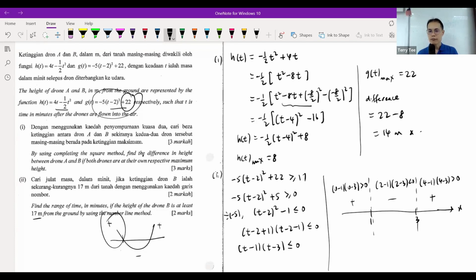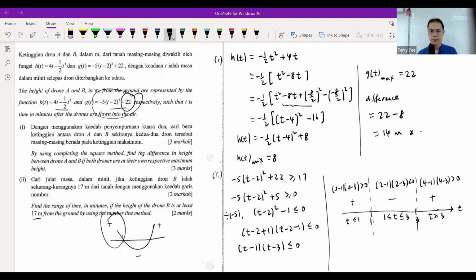So therefore, the first inequality is meant for t, this is not x, sorry, this is t less than or equal to 1. The second one is between 1 and 3. The third one is t greater than or equal to 3. Since I brought it to the right, I changed the sign.